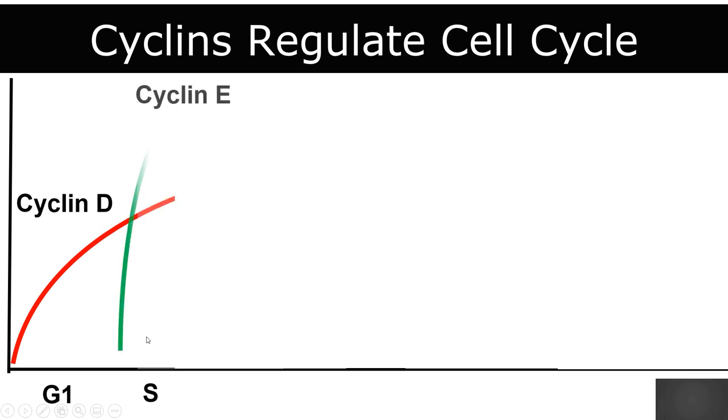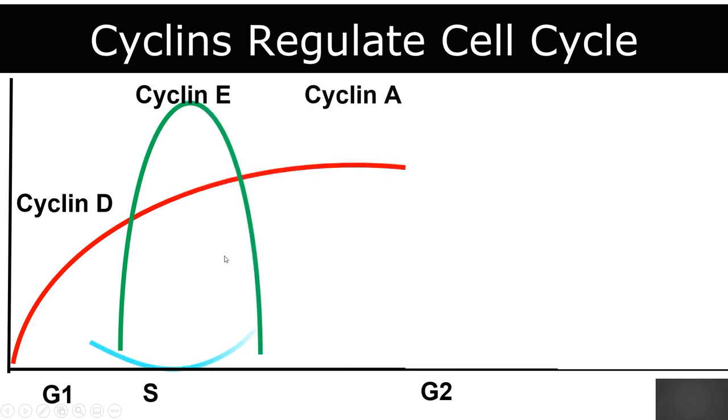So if I were to graph these in G1, remember that cyclin D are the first ones that you're going to see the levels increasing, because this is what first triggers the cell to enter into G1, into the cell cycle at all. And just prior to the start of S phase, we see cyclin E come on the scene, which is going to prepare that cell to enter S phase.